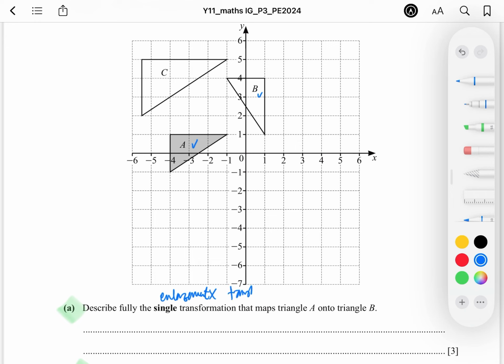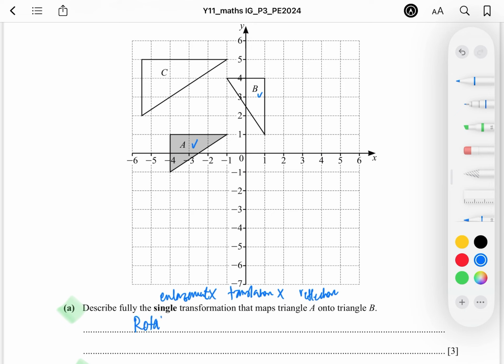Definitely not translation because the orientation of B changes. And definitely not reflection because when you fold in any way, A and B do not fit into each other. So that means the only one would be rotation.